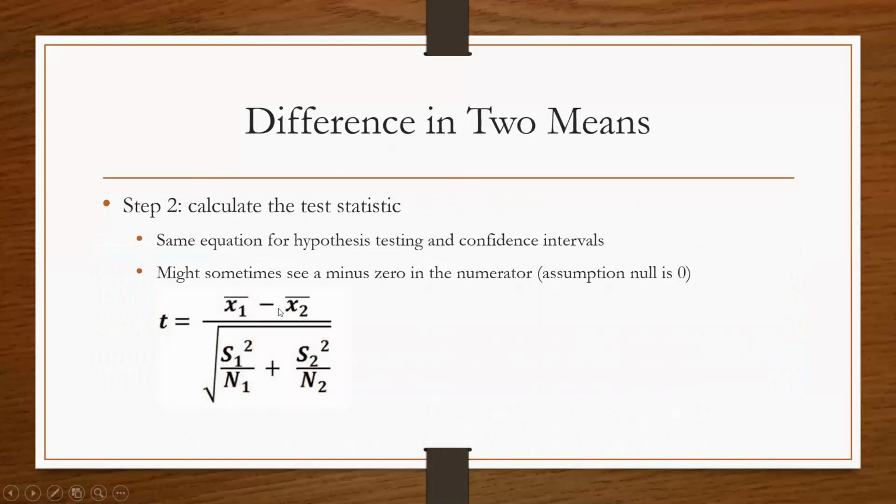Then calculating the test statistic, you might see a minus 0 up on the numerator because it's assuming the null is 0. It's just an annoying little addition. So it's t equals x bar 1 minus x bar 2 over the square root of the standard deviation of 1 squared over the sample size of 1, plus the standard deviation of 2 squared divided by the sample size of 2.